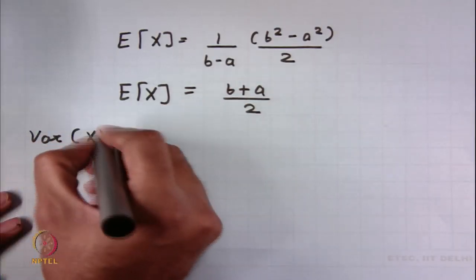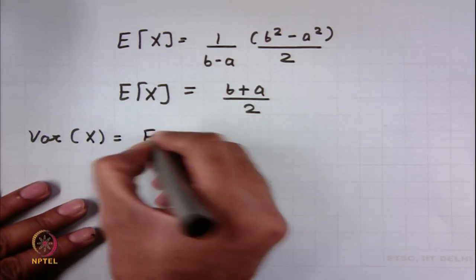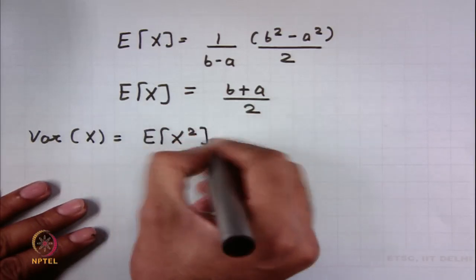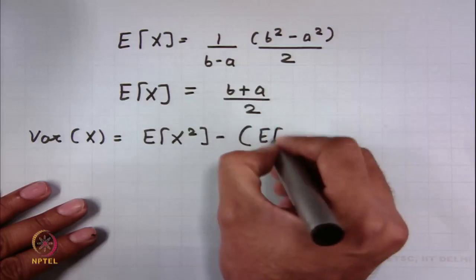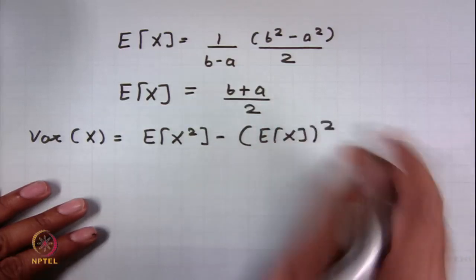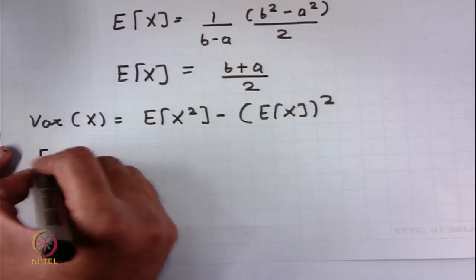So, variance of this random variable is the second moment of the random variable minus the square of the first moment of the random variable. So, what is E x square?